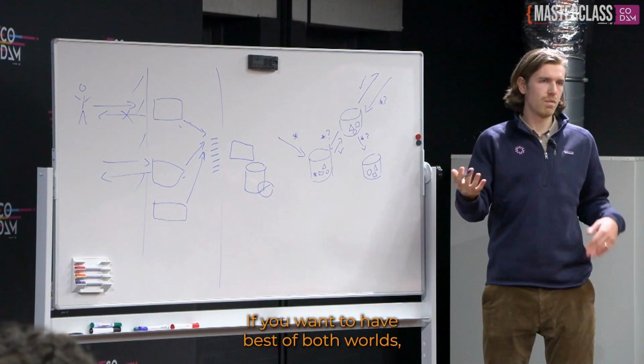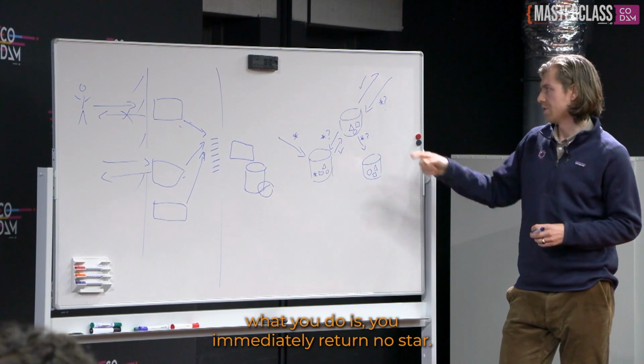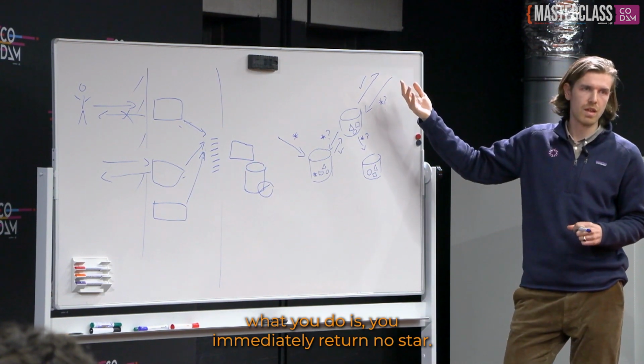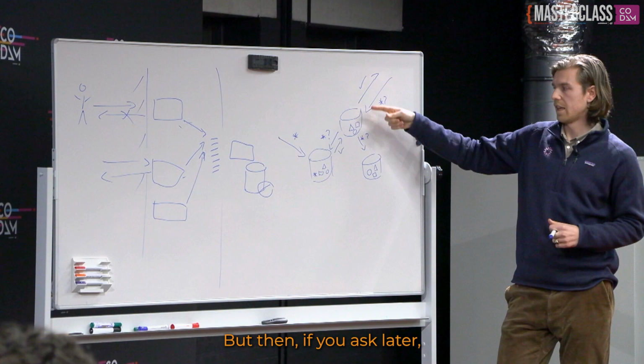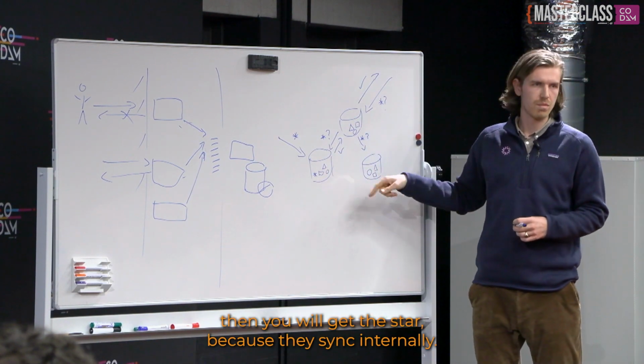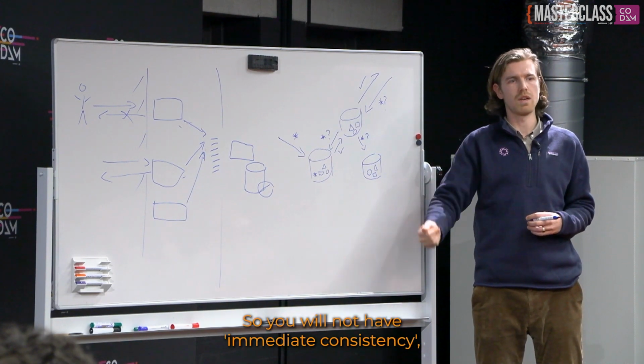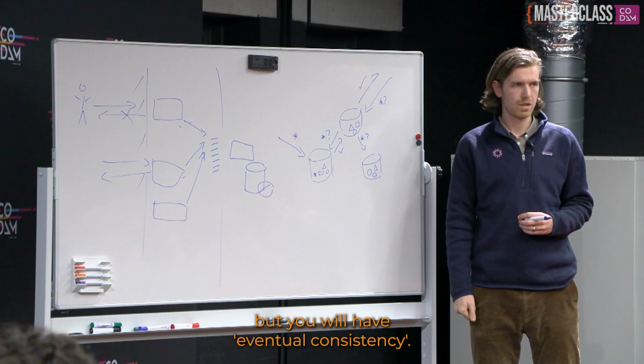If you kind of want to have best of both worlds, what you do is you immediately return no star, but then if you ask later, then you will get a star because they sync internally, but it will just take some time. So you will not have immediate consistency, but you will have eventual consistency.